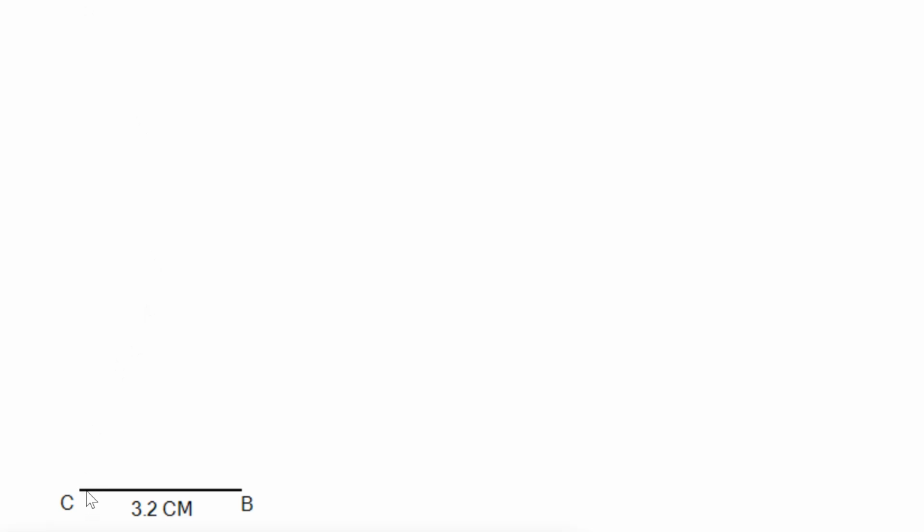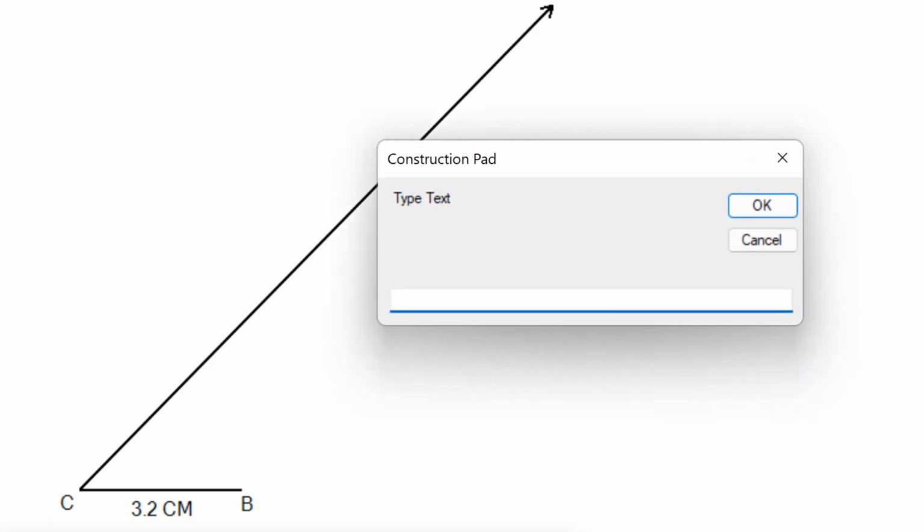Construct a ray forming 45-degree angle to CB at point C. So use protractor. I am taking it long because I don't know where the point will come. It will be 6.8.